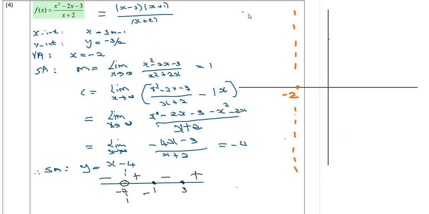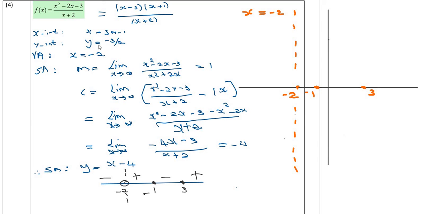So that's giving me x equals minus 2. Let's label that so everybody knows what we are doing. And then we have x-intercepts at -1 and at 3.